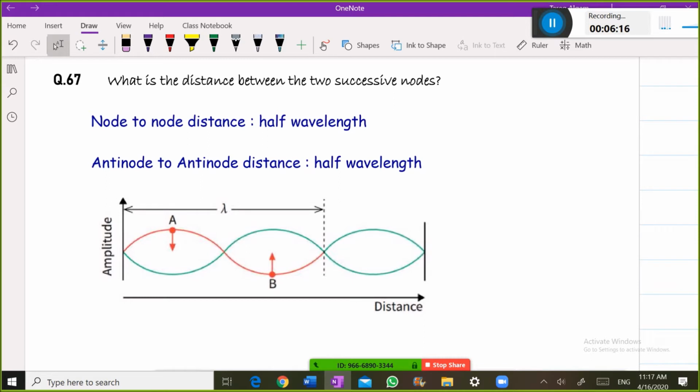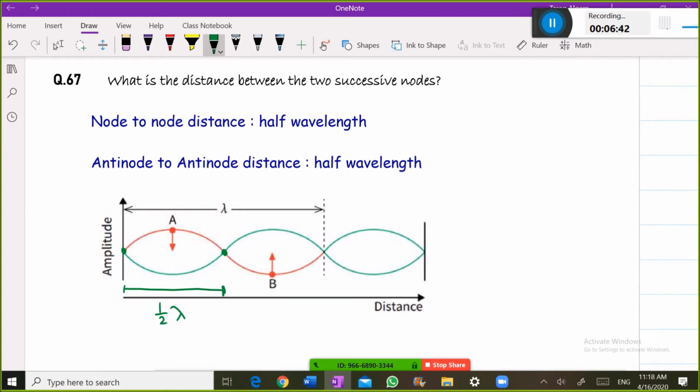Now, this is a very important question. What is the distance between two successive nodes? Between two successive nodes, like this is a node, this is a node, this distance is half lambda.